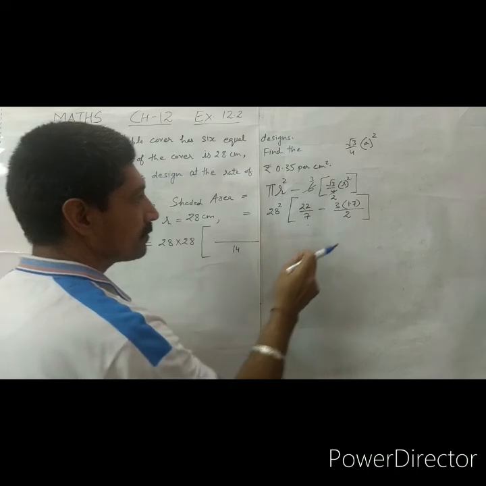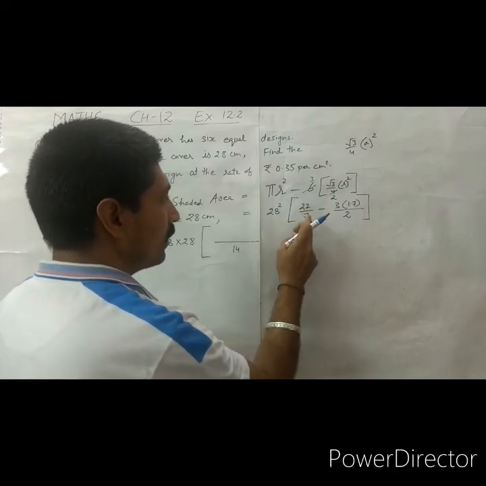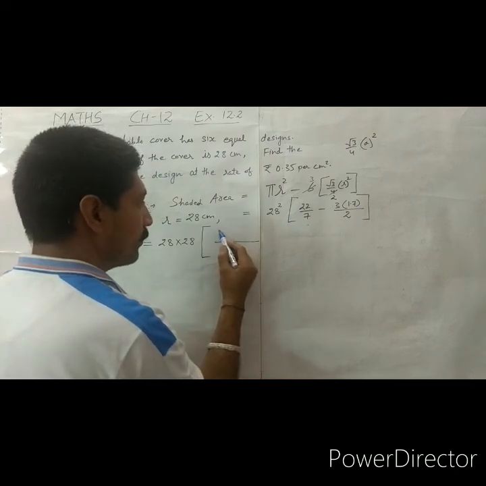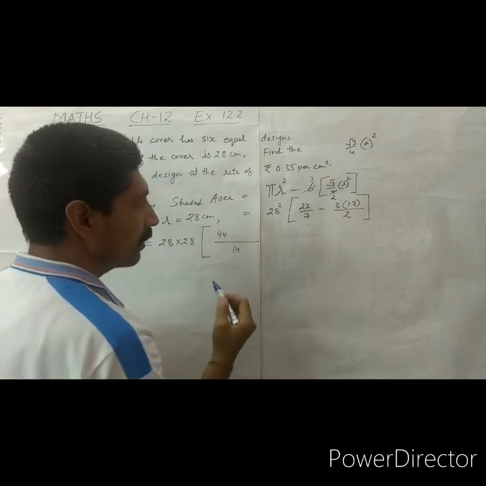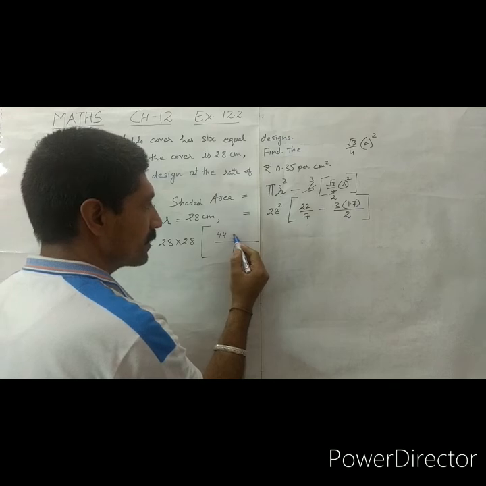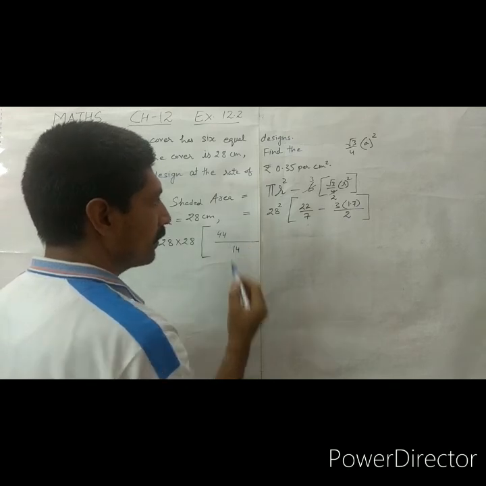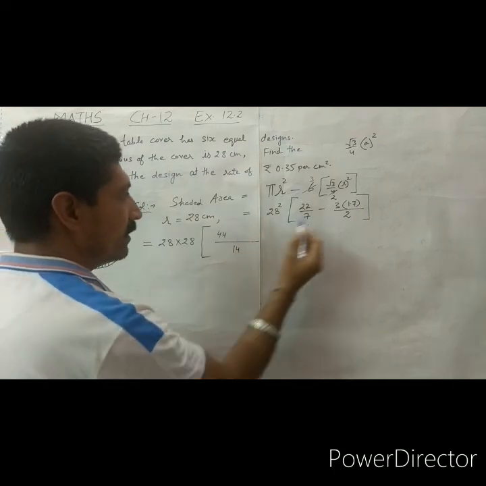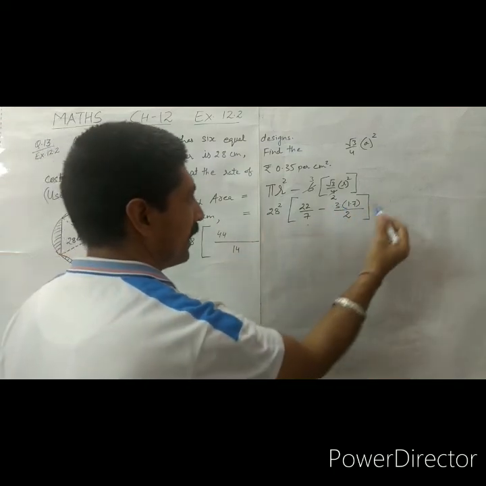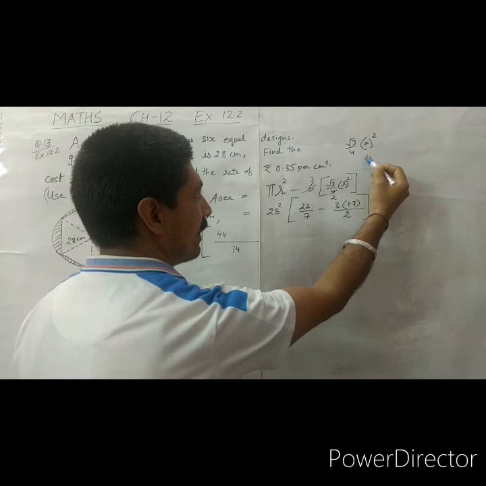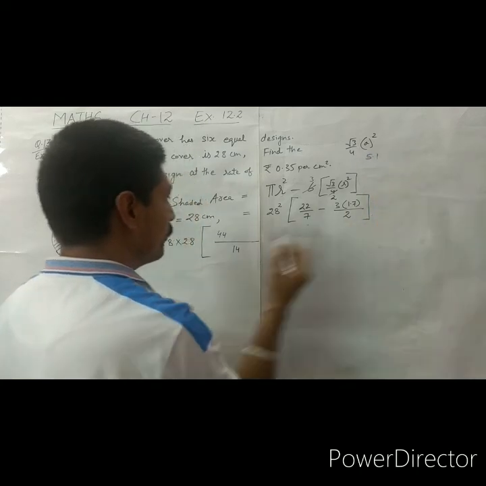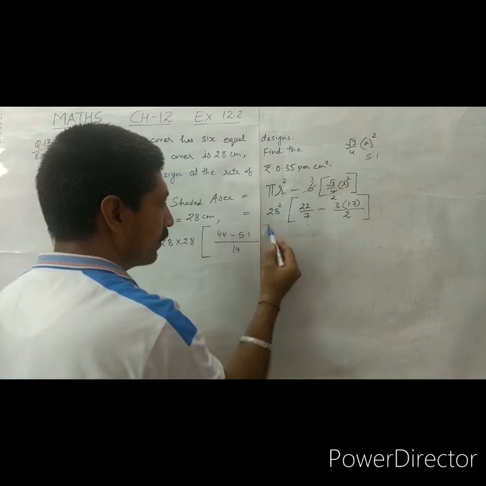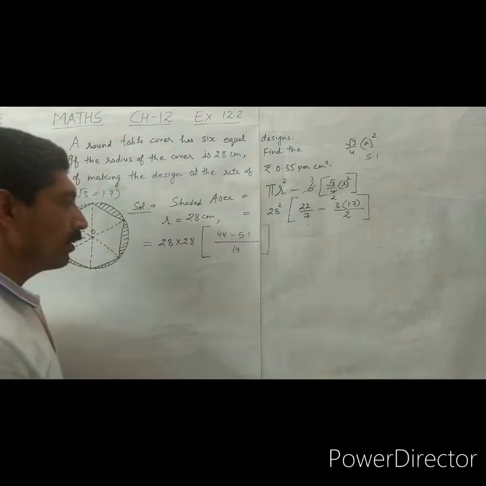So here that is 44 minus 22 into, and here when we multiply, that is 5.1. 44 minus 5.1.